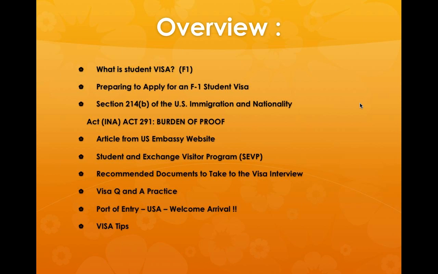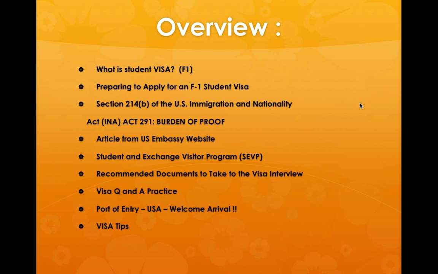Today, what I'm going to talk about, as an overview, is that before any student applies for a visa, they should know what a student visa F1 is, and how to prepare to apply for an F1 student visa. Section 214B of the U.S. Immigration and Nationality Act, the burden of proof.